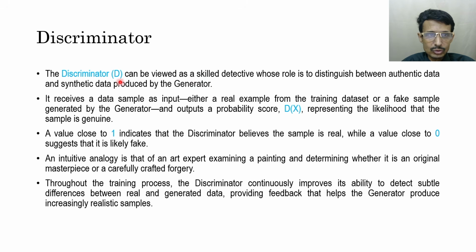So what it's trying to do is distinguish between the generated data, which is the fake data, and the actual real world data. It receives data samples as input, either a real example from the training data or a fake sample generated by the generator, and outputs a probability score representing the likelihood that the sample is real.